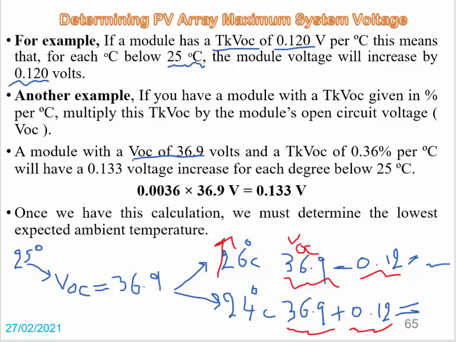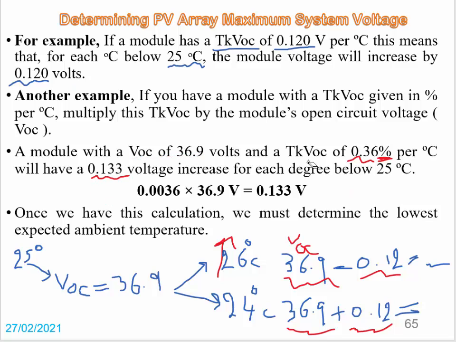For example, a module with V open circuit equal to 36.9 volts and TKV open circuit of 0.36% per degree Celsius will have 0.133. How to calculate this value?